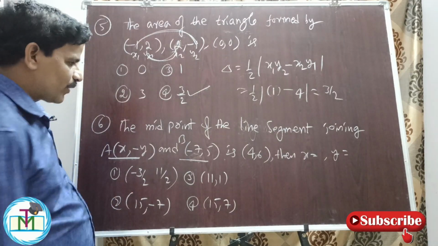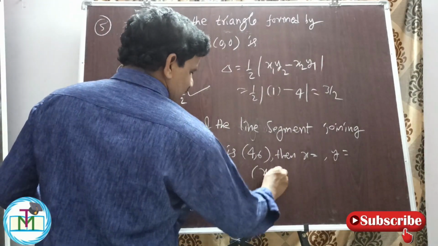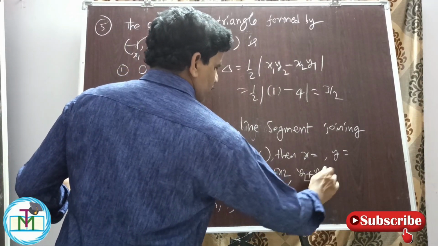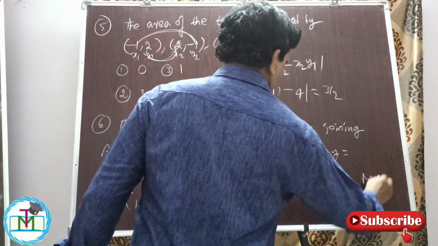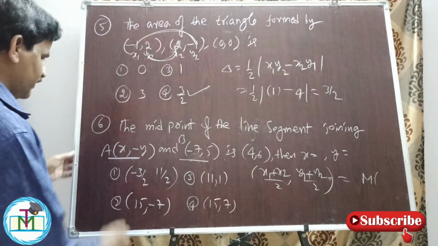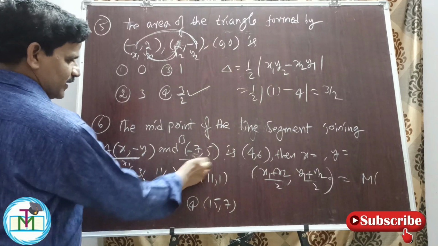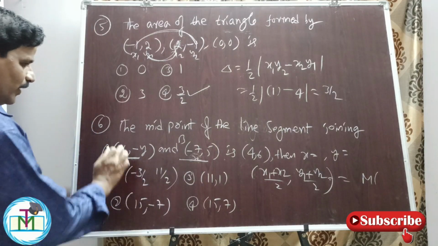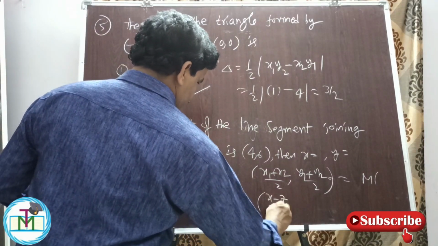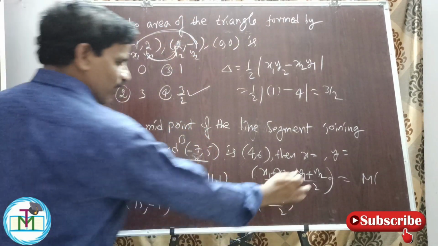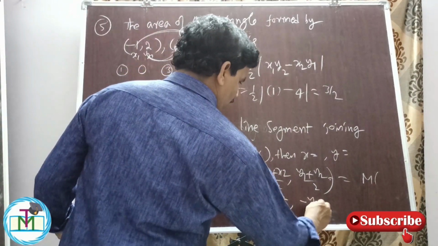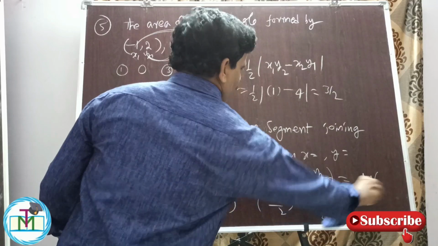What is midpoint formula? x1 plus x2 by 2, y1 plus y2 by 2 is equal to the midpoint. So here x1 plus x2 by 2, see here, this is x1, this is x2. x plus minus 7 by 2 means x minus 7 by 2, y1 plus y2 by 2, minus y plus 5 by 2 is equal to midpoint.